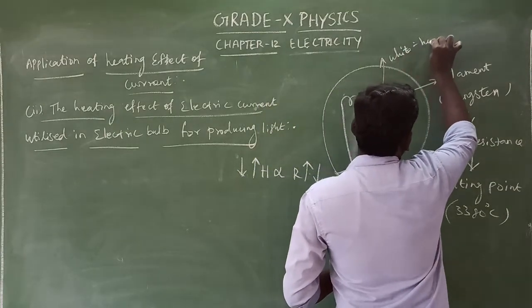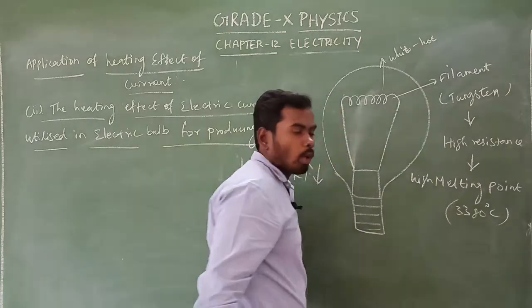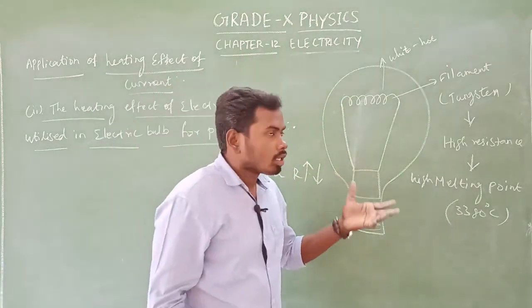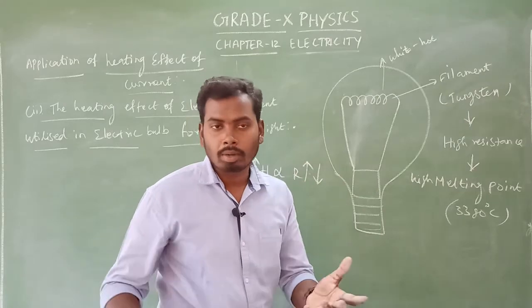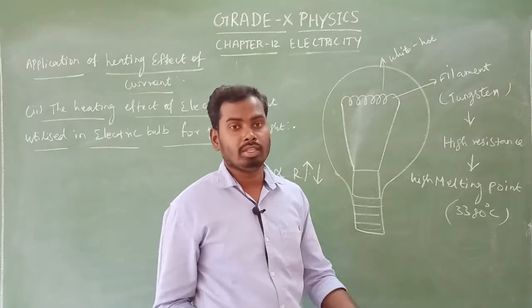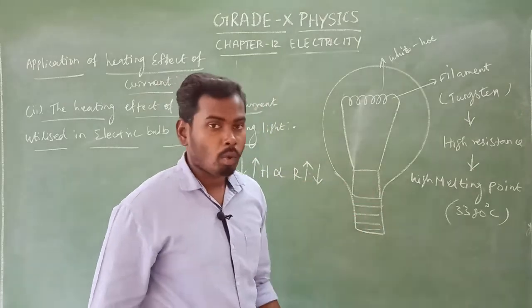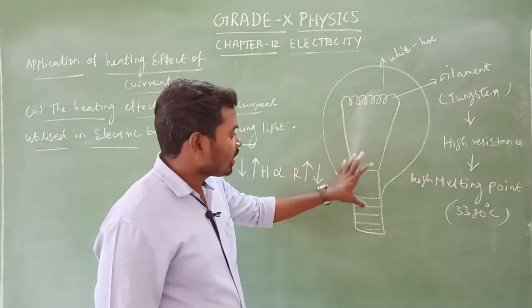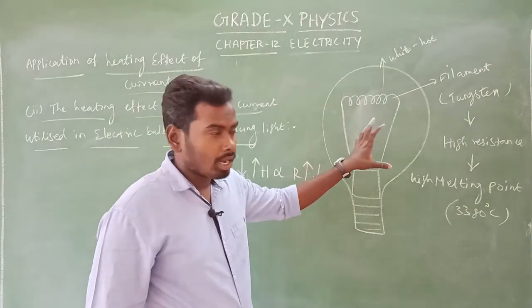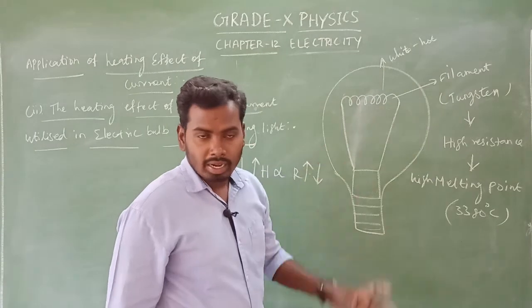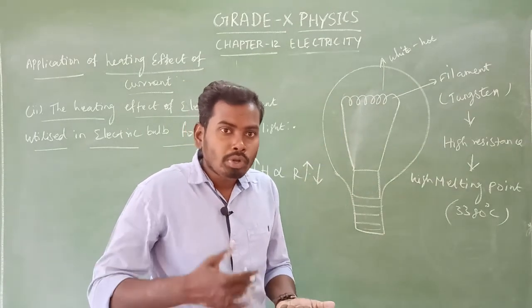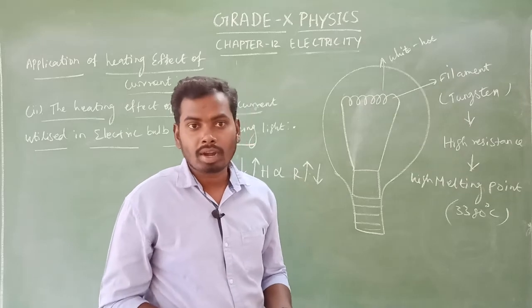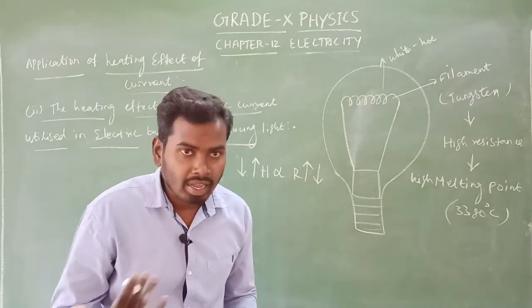White hot means it reaches a very high temperature. Is it clear? So the filament present in the electric bulb consumes the electrical energy and produces heat energy.